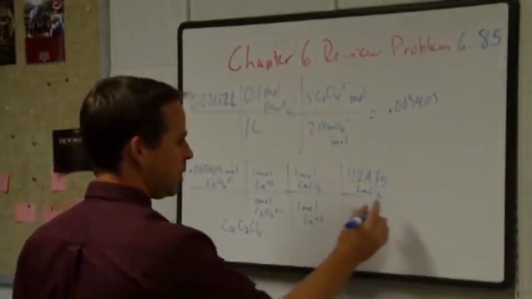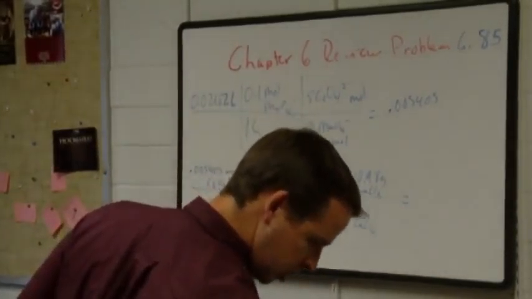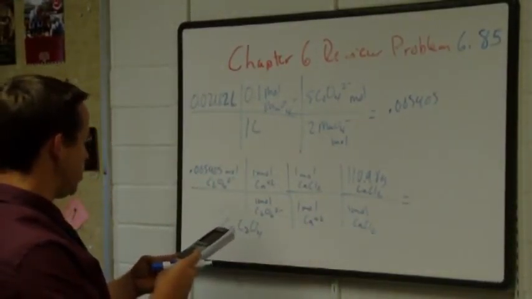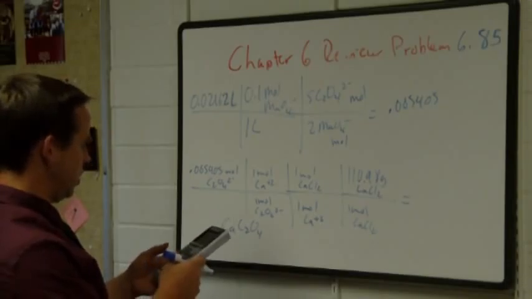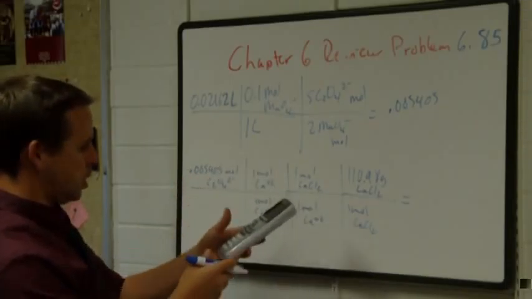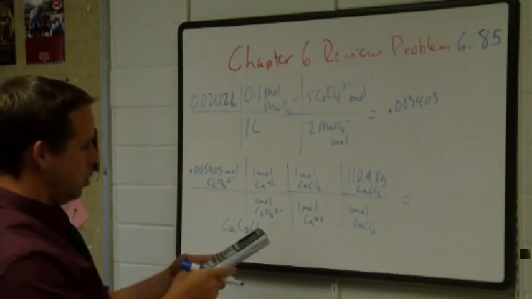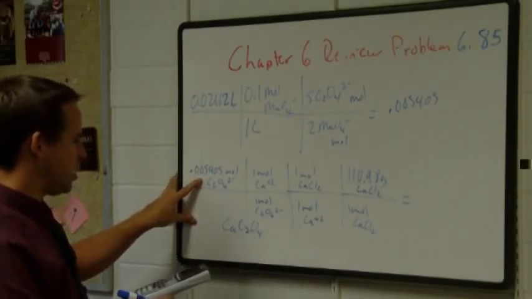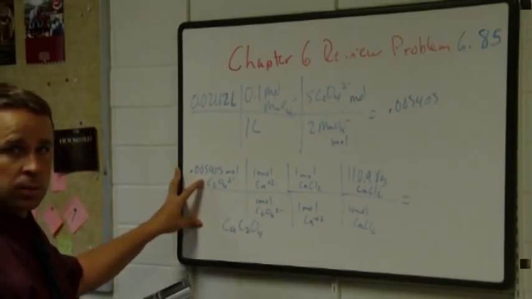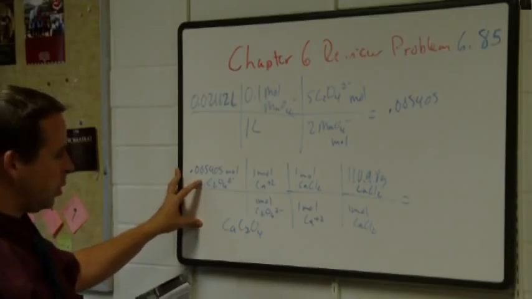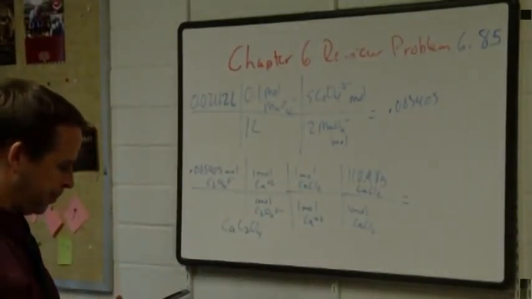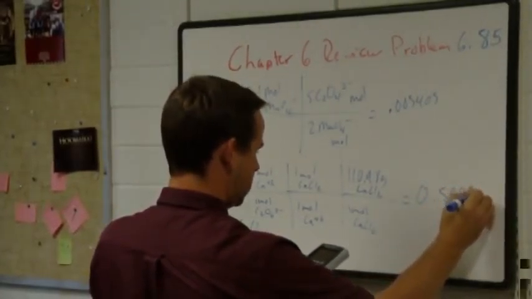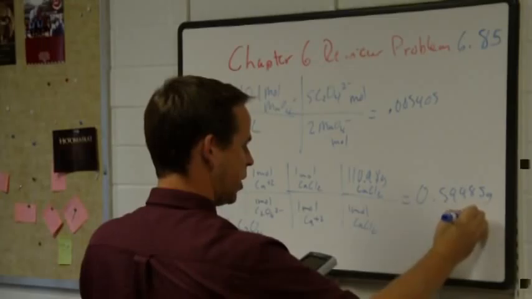Okay, so this will tell us how many grams of calcium chloride were in the original sample. 0.005405, 1:1, times 110.98. So basically, for every mole of the carboxylate there must have been a mole of calcium chloride. So that's 0.59985 grams of calcium chloride.